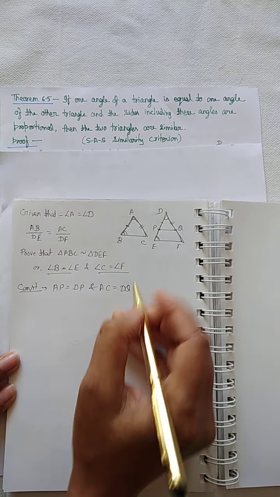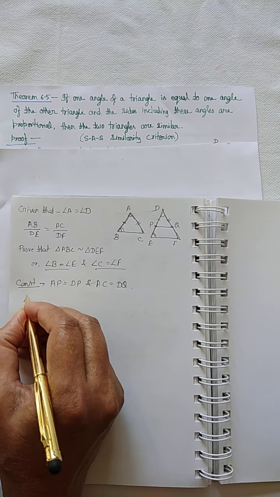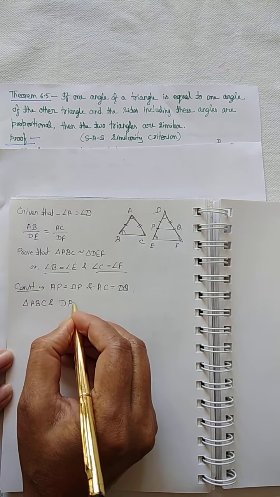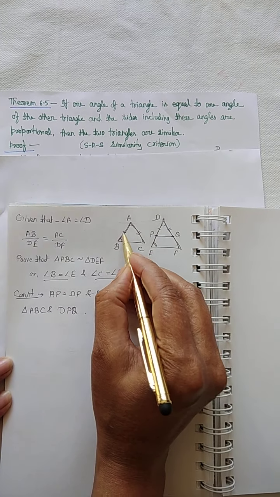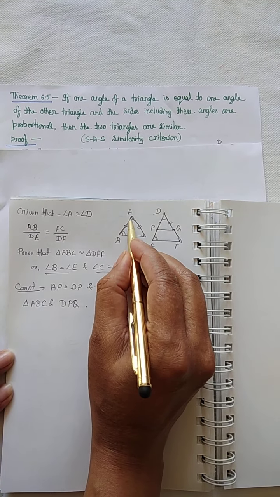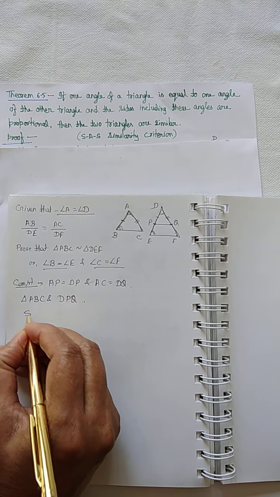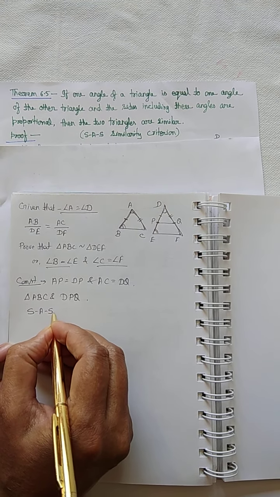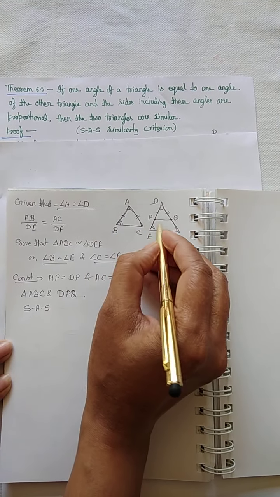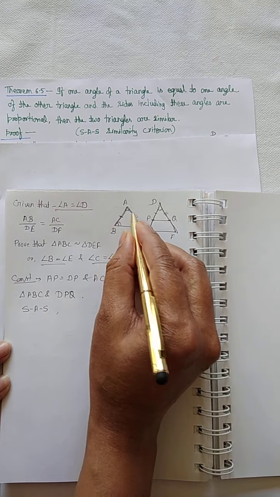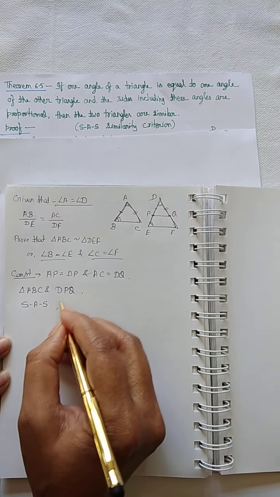So what we constructed is AB equals DP and AC equals DQ. Okay. Now from triangles ABC and DPQ, these two sides are equal and the angles are also equal as per the given. So by side angle side criteria, we can say that these two triangles are congruent.